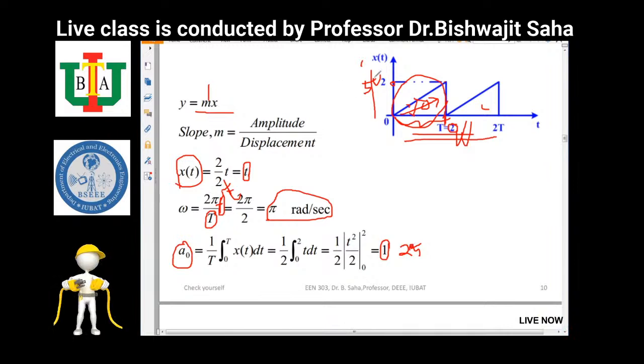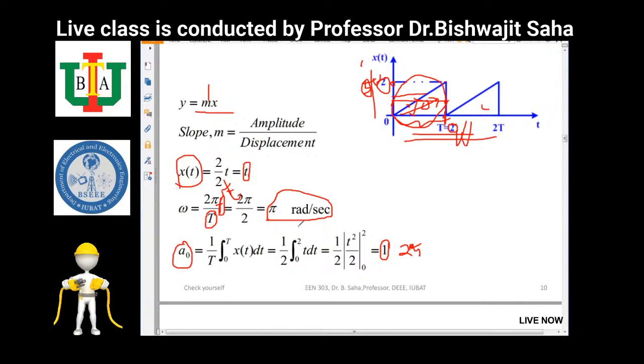If you change the maximum value, you can see this. But if you change the time and value simultaneously, then the result will be different. Within the same constant, if you change the maximum value, you will get half of the maximum value equals the DC value. That means here is the DC value of this signal.